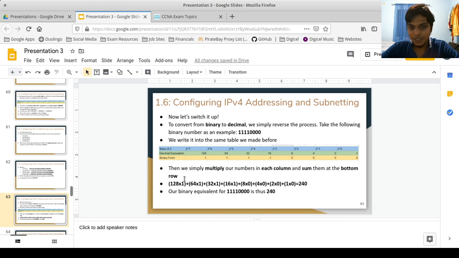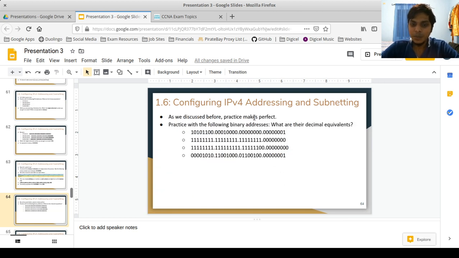You have the multiplication in brackets, and then we sum everything between each column. The total summation of all of that is our decimal number. So our decimal equivalent for the binary number that we had originally is 240. Simple. Once you have the table memorized, you just throw the numbers in, multiply and add. That's it. Cool?